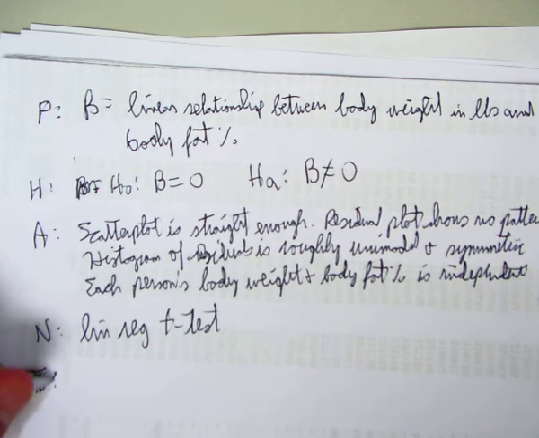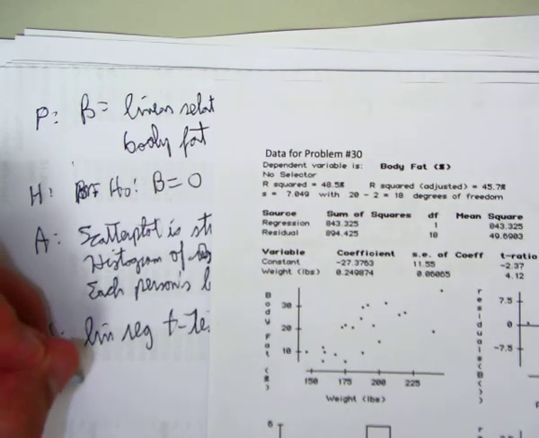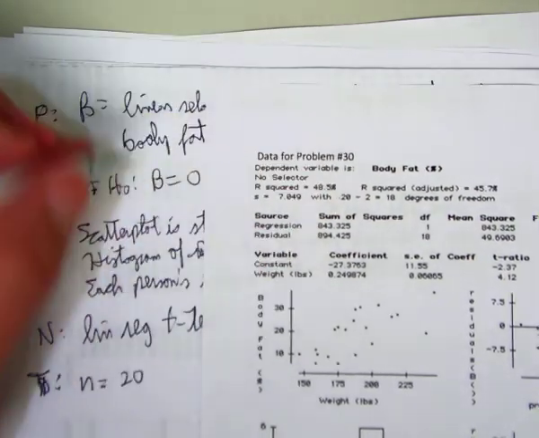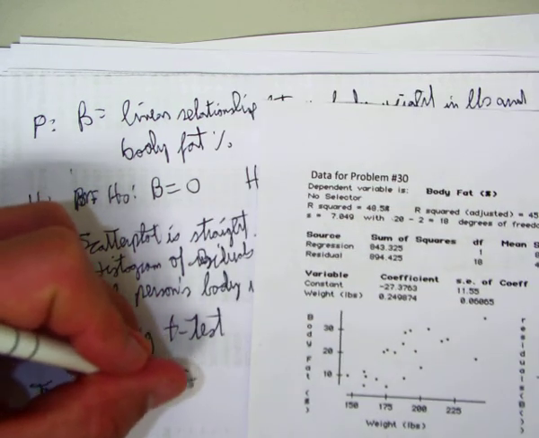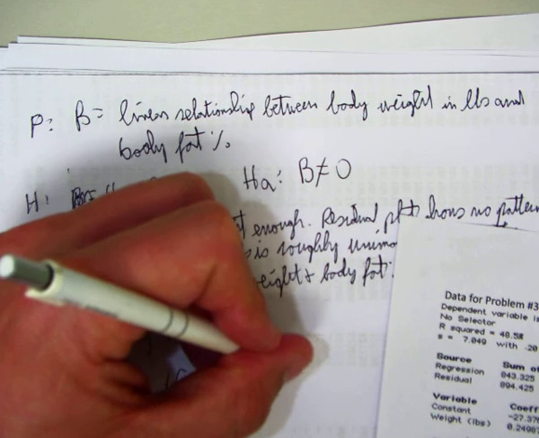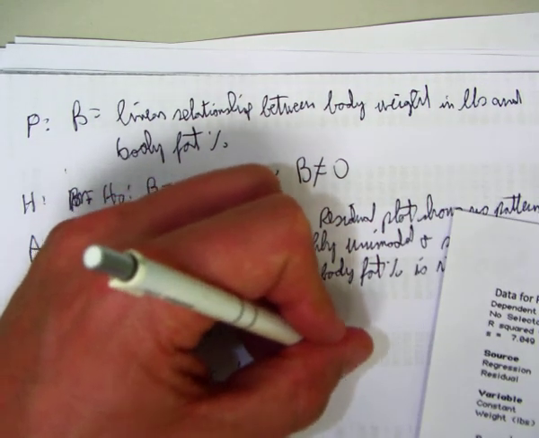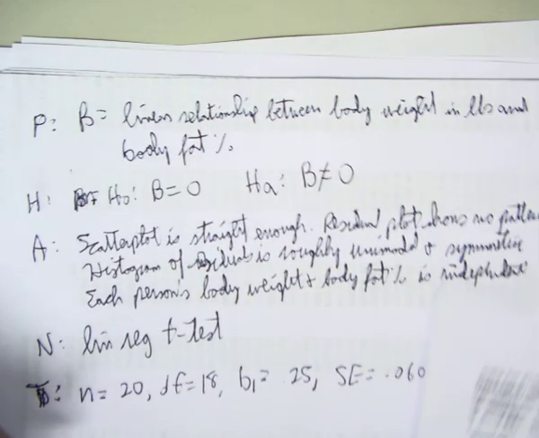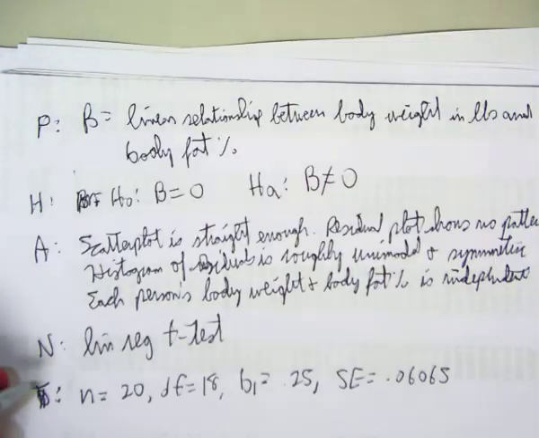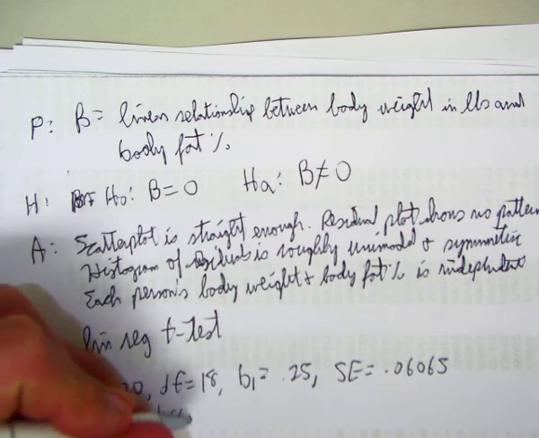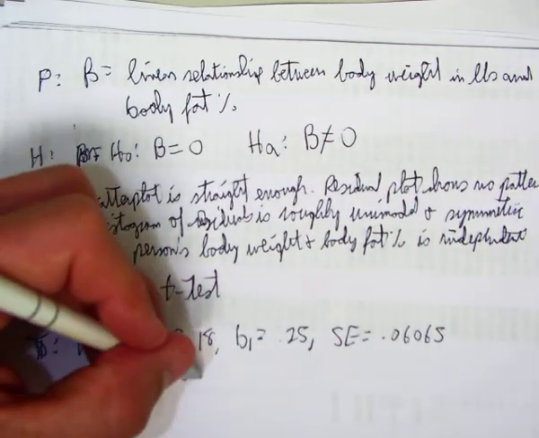Test statistics. Let's see. N here is 20. That's right here. Degrees of freedom is 18. B sub 1, I'm just going to say 0.25. Standard error is 0.06065. Then I'm going to write the linear regression line.